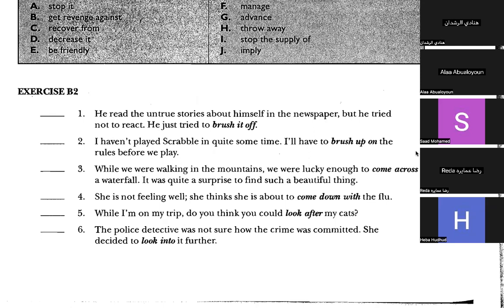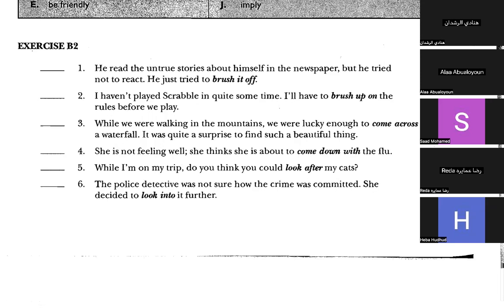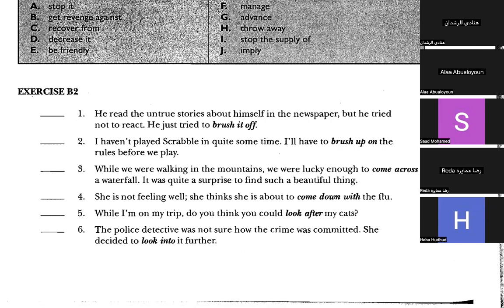He read the untrue stories about himself in the newspaper, but he tried not to react. He just tried to brush it off. What does it mean? We don't have the options here. I will show you the options right now, okay?